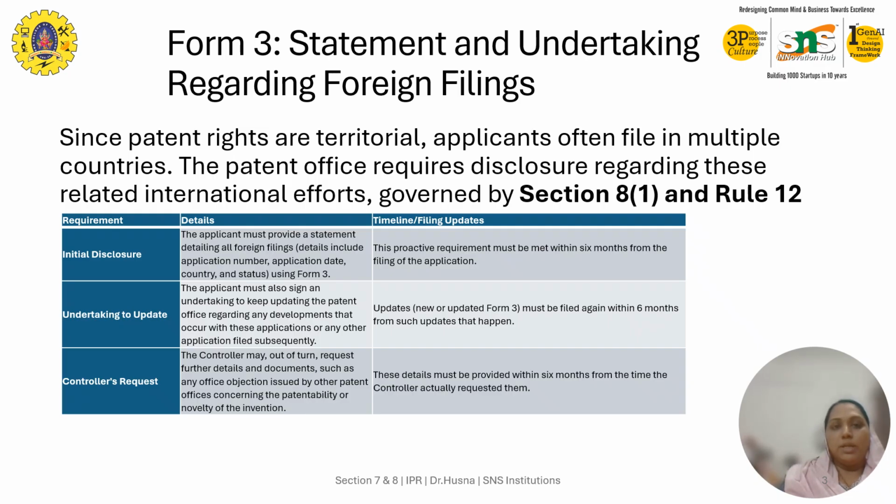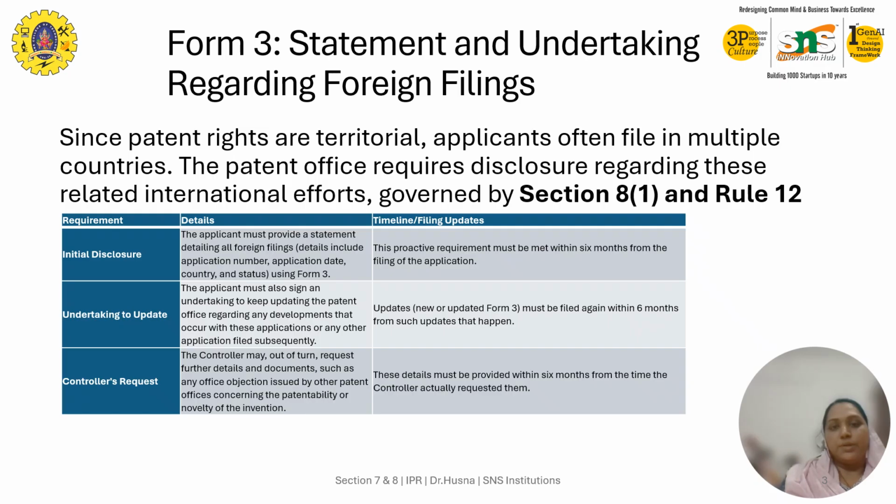Form 3 may look like a simple document, but it is crucial in keeping patent applications compliant and transparent. So remember that any time you file abroad or receive updates from a foreign patent office, Form 3 must be updated.